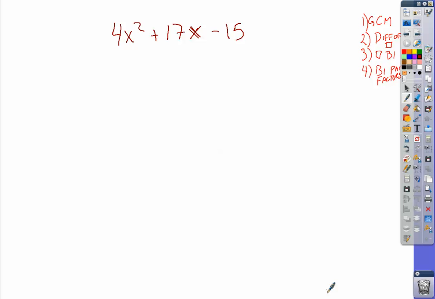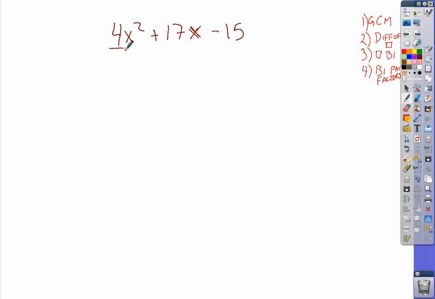All right, so we have dealt with factoring ax squared plus bx plus c, where a and c are prime. Now we have a situation where a and c are both composites. 4 has more factors than just 1 and itself.